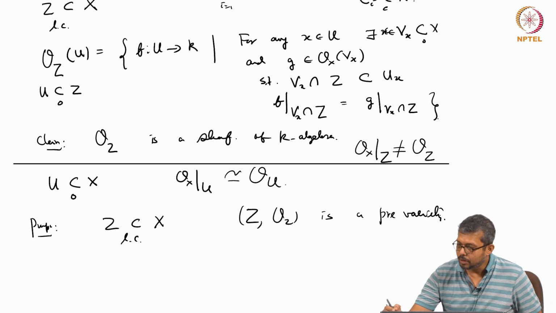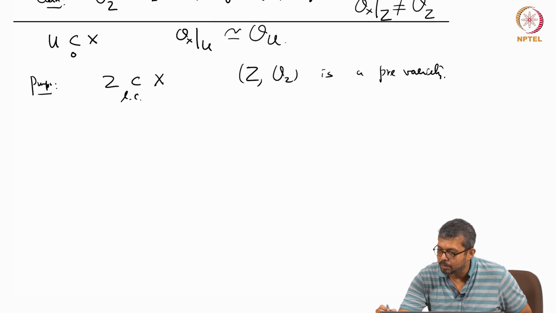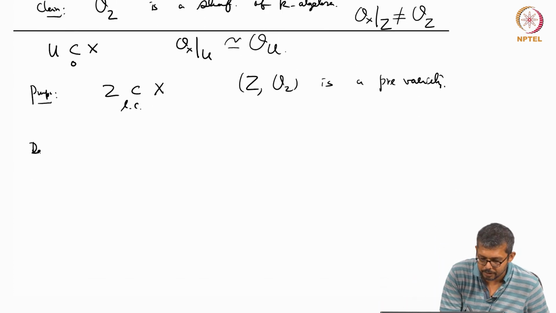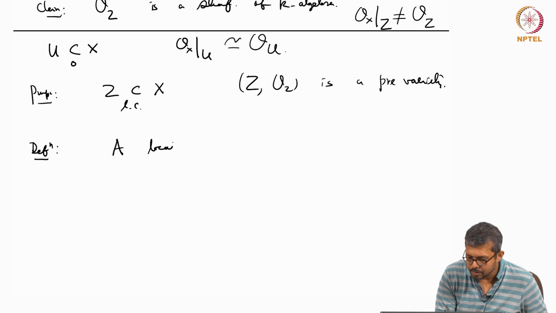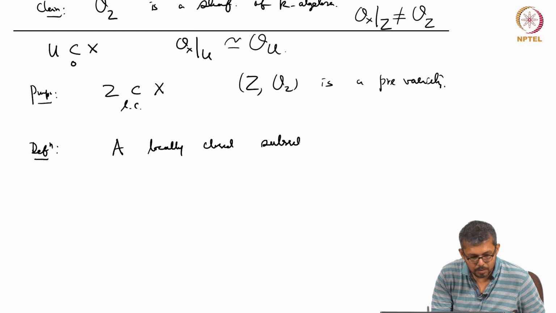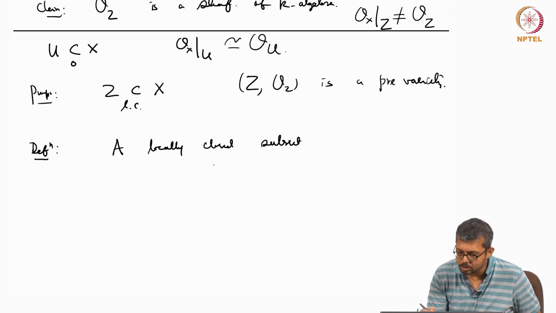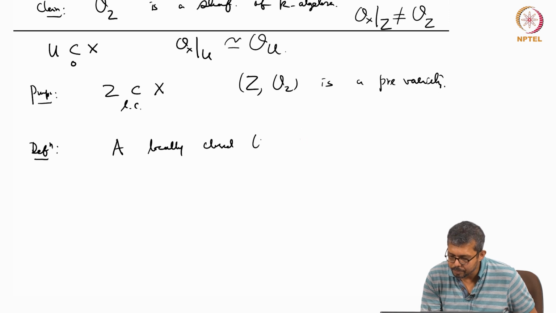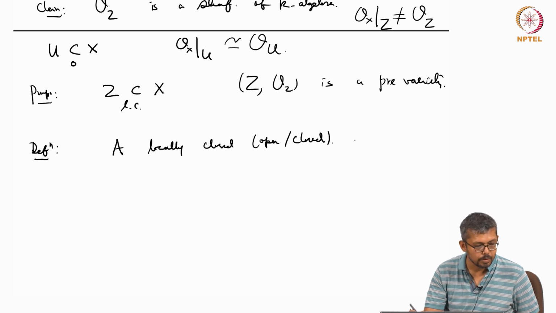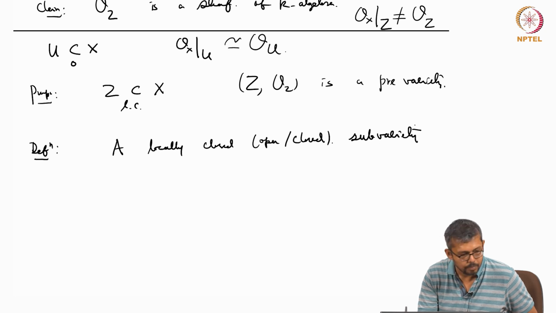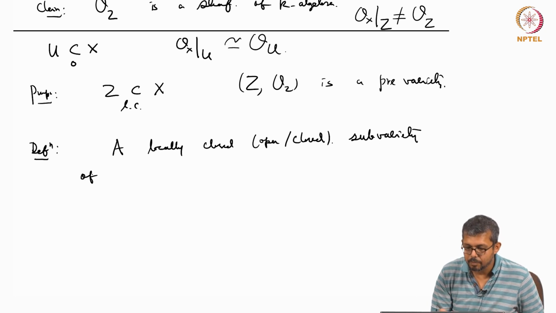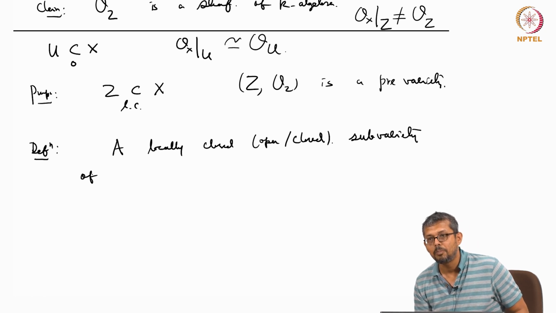So now you define what a subvariety is. Definition: a locally closed subset, that is, locally open and locally closed.